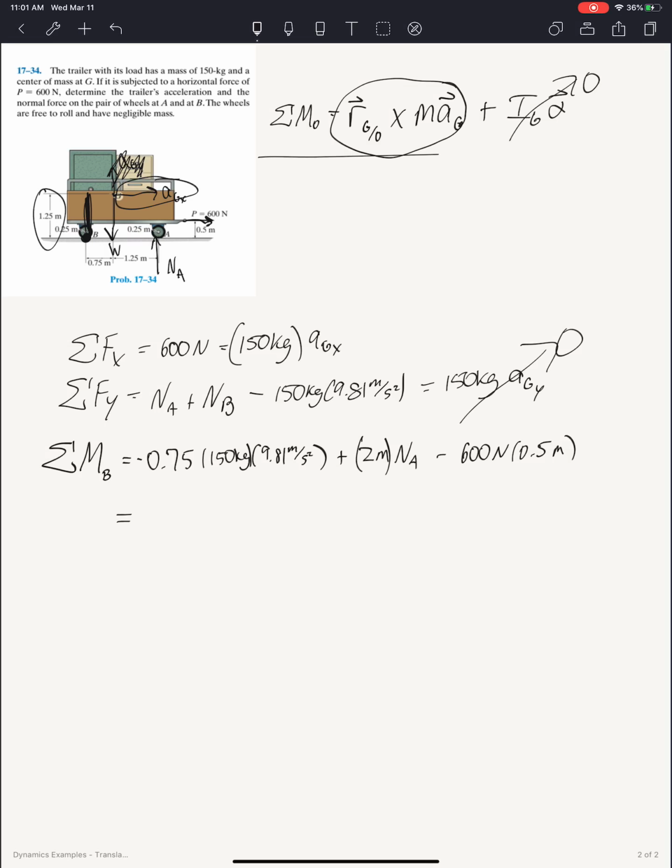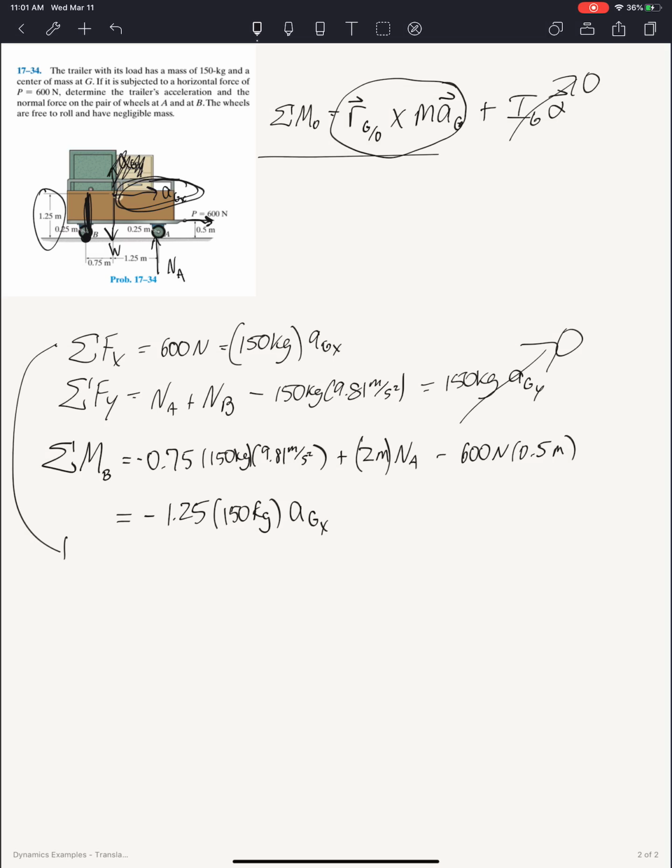It's 1.25 meters. This, if it were a force, would create clockwise rotation about B, so it's negative 1.25 times ma, and the mass is 150 kilograms. And the acceleration as of right now is unknown, solving the problem this way. But this pathway is now very straightforward.